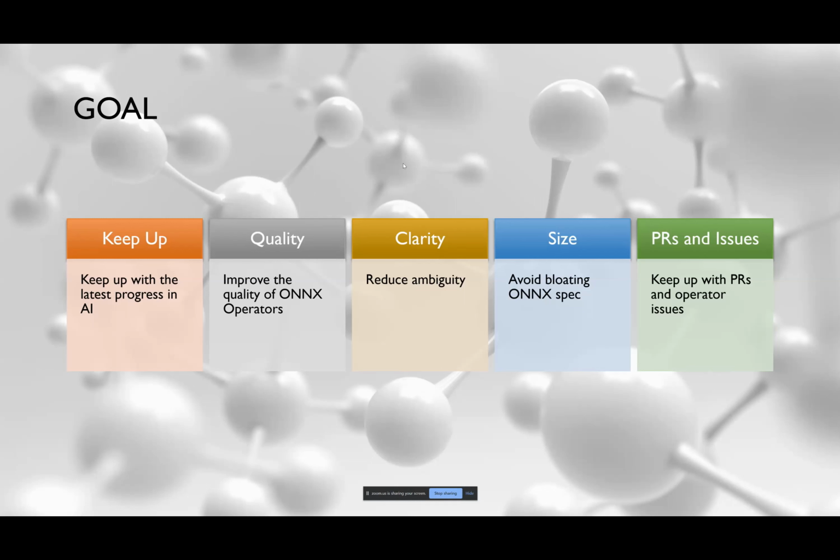Improve the quality of ONNX operators, and this is very challenging, and I will discuss later why. Reduce ambiguity and increase clarity. For a lot of operators, if the description is not well defined or the unit tests are not comprehensive, different runtimes might interpret it differently, and this is something we are trying to address.